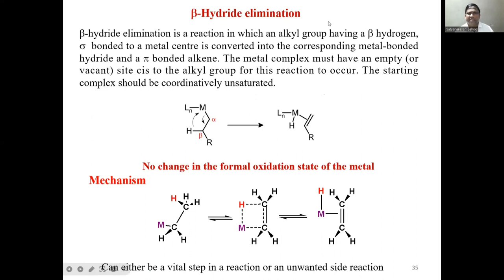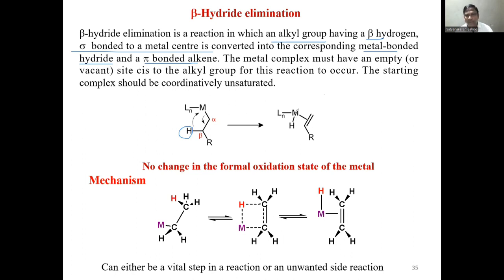So now to discuss beta hydrogen elimination. In beta hydrogen elimination, a metal alkyl complex having a beta hydrogen, which is sigma bonded to the metal center, is converted into the metal hydride and the alkene. You can see this is the alpha, this is the beta carbon, and the hydrogen present on the beta carbon is eliminated.